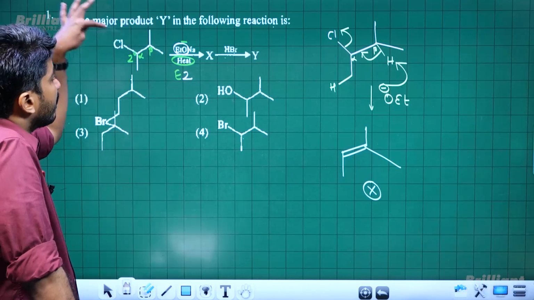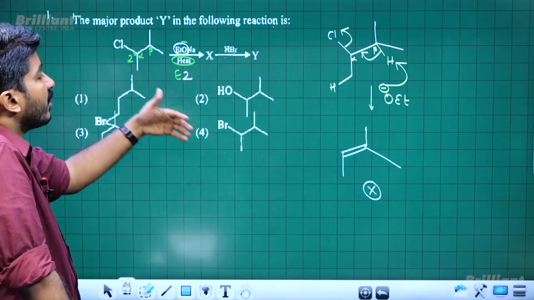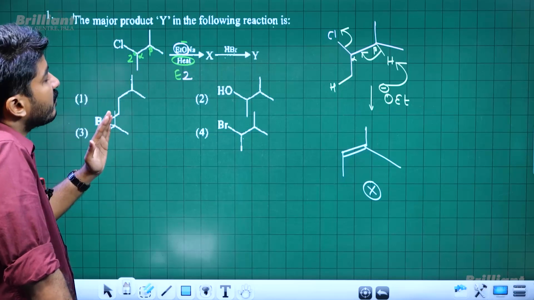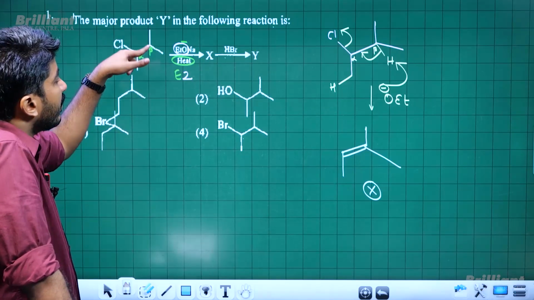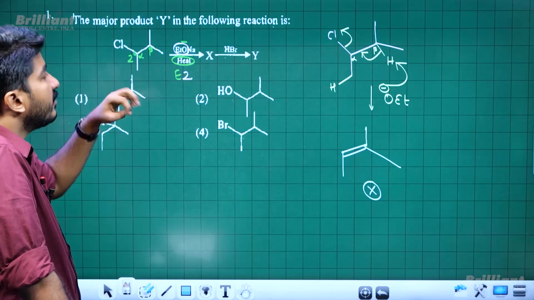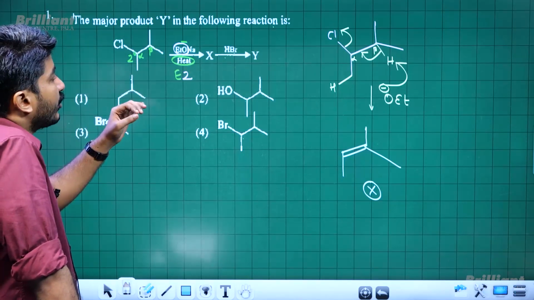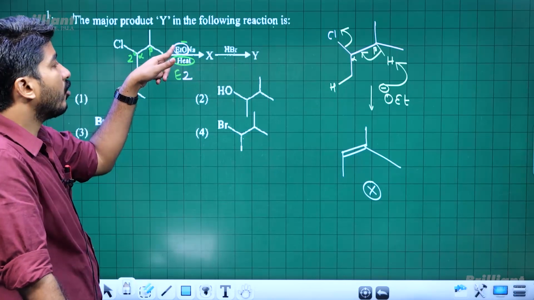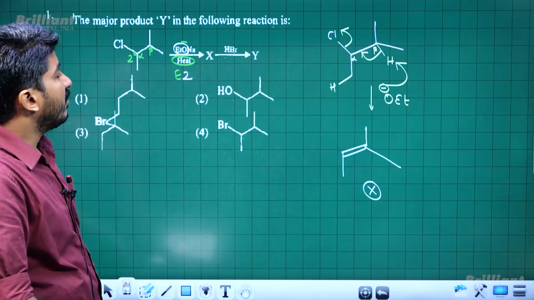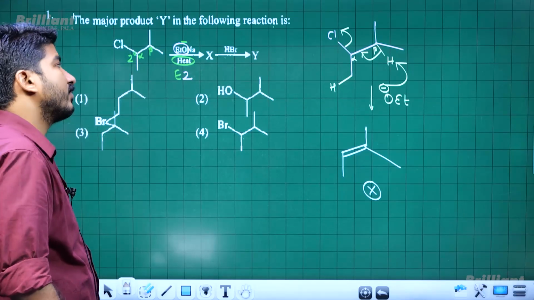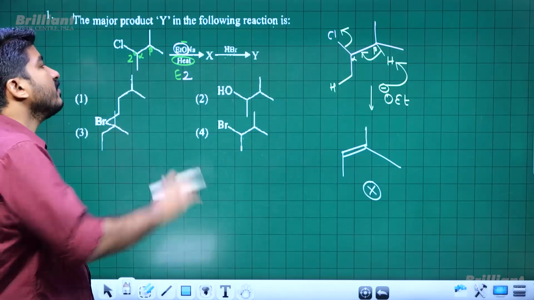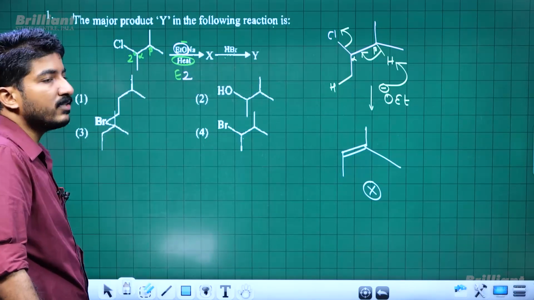In this case, this is a secondary halide. From primary to secondary to tertiary, elimination preference increases. So it is a borderline case, and we are using a sterically hindered substrate. We have steric hindrance at the beta carbon also, so that further promotes elimination. And we have taken a strong base, which again promotes elimination, and heating is also present, which favors elimination. Thus we can decide that this conversion is going to be elimination in preference.